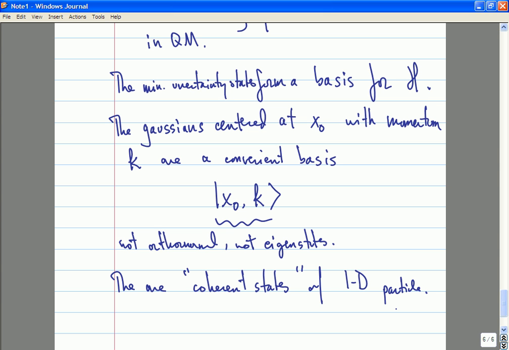They appear in optics, they appear in cosmology, they appear in quantum field theory. So we'll revisit these, don't worry. Other questions? Okay, let's continue with our lightning review of linear algebra.